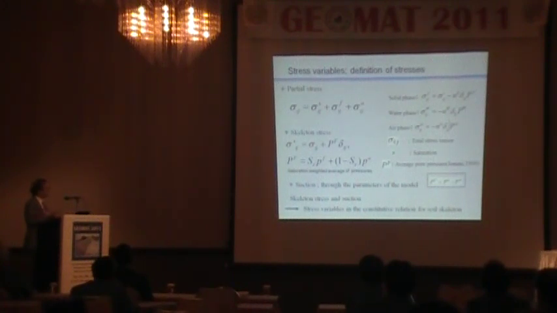We need the skeleton stress as well as the suction. This is very important. It's not so easy to obtain; there are several manipulations we need to get the constitutive relation. Sorry, I have to explain that n, s, and the others are the volume fractions for each phase.